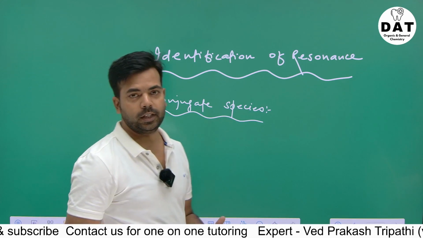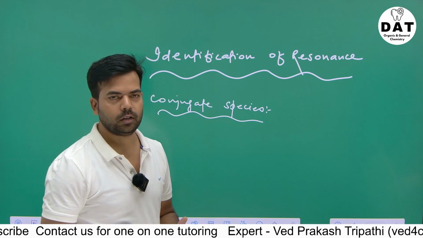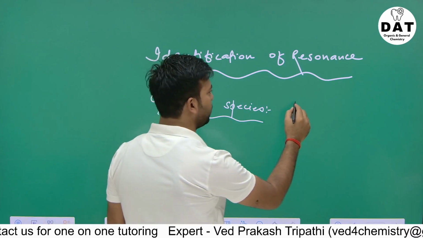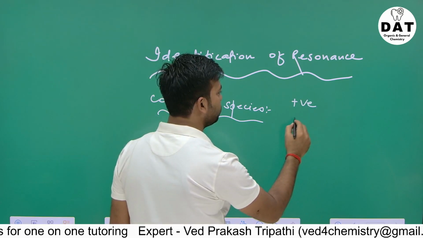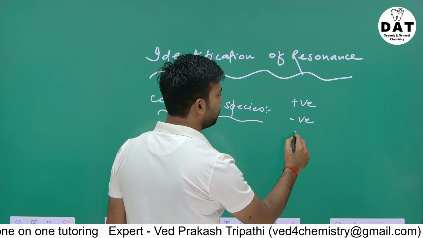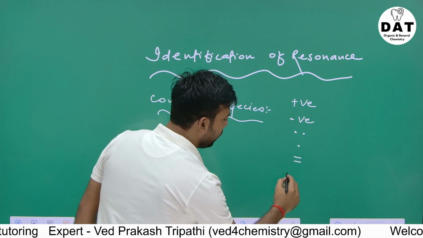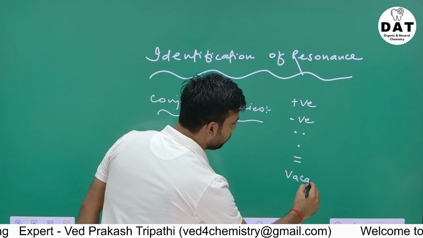So we can say the species which is responsible for resonance is called conjugate species, and these species are positive charge, negative charge, lone pair, radical, double bond, and in the last we have vacant orbital.